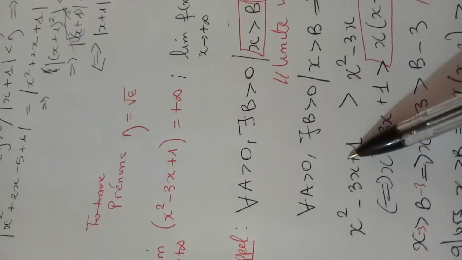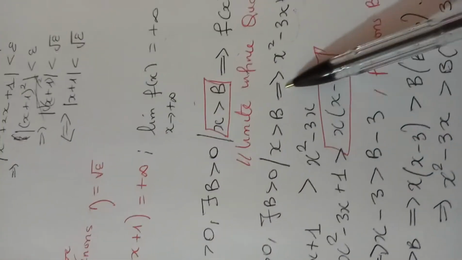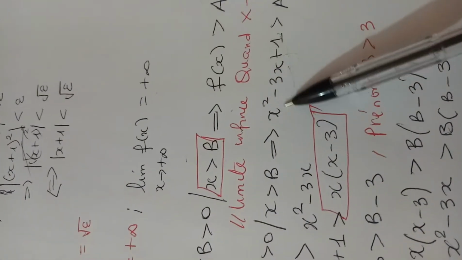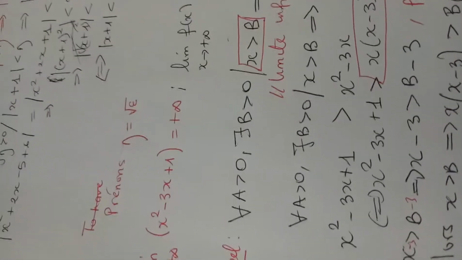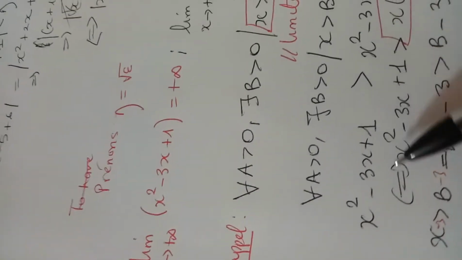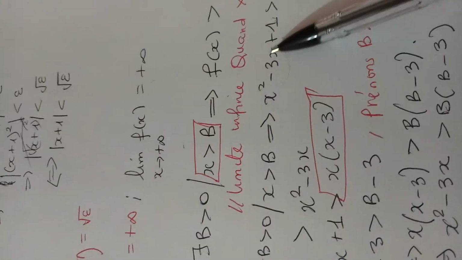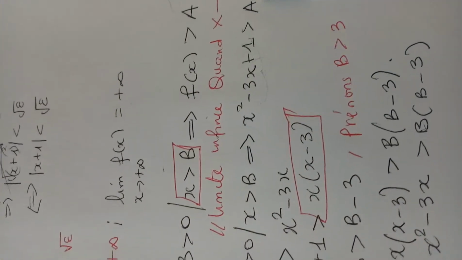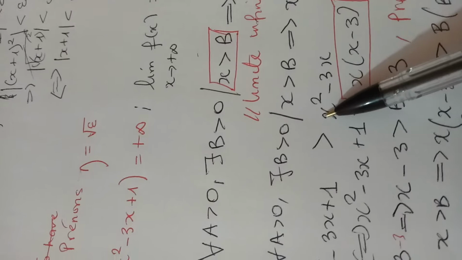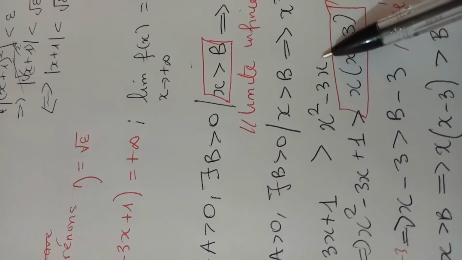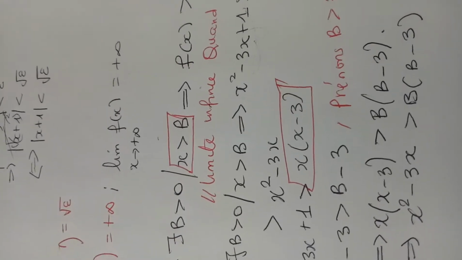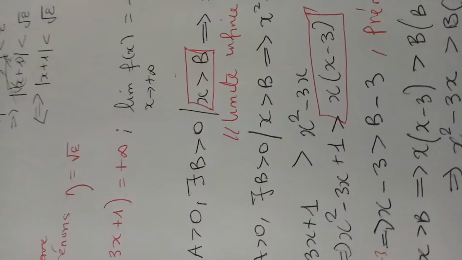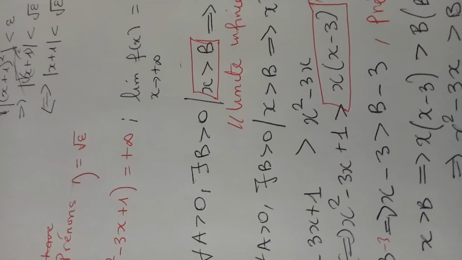We said x squared minus 3x plus 1 is greater than x squared minus 3x. And now our definition, we have x squared minus 3x plus 1 is greater than a. So just like we've been doing, to have x raised to the power of 2 minus 3x plus 1 greater than a, il suffit de juste avoir x au carré minus 3x greater than a. It works because it is true. So that's exactly what we're going to put down.